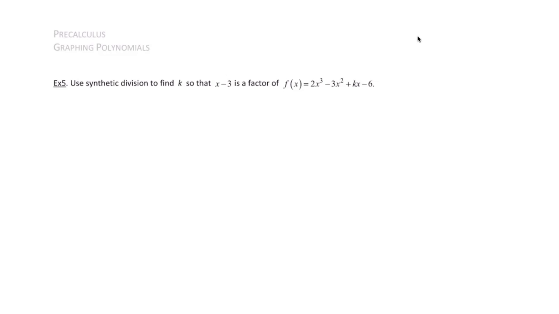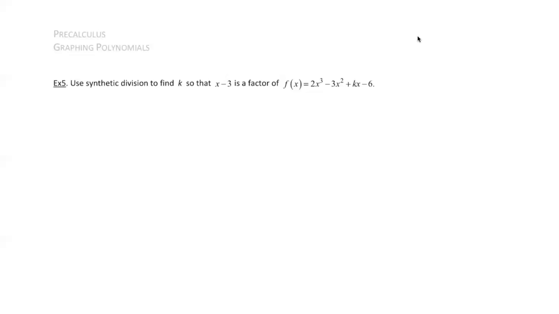One, it has to be divisible, which means that the remainder has to be 0. Okay, the remainder has to be 0, right? So this is the idea behind this whole setup: x minus 3 is a factor.